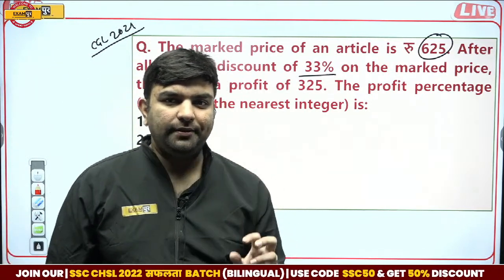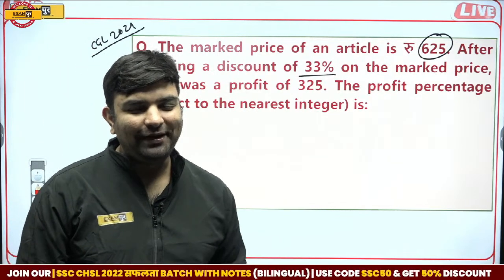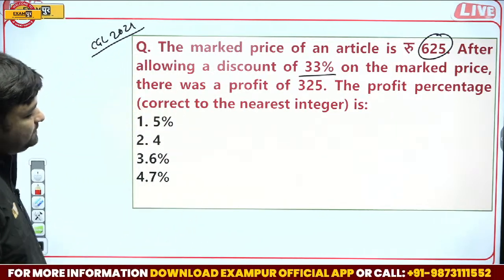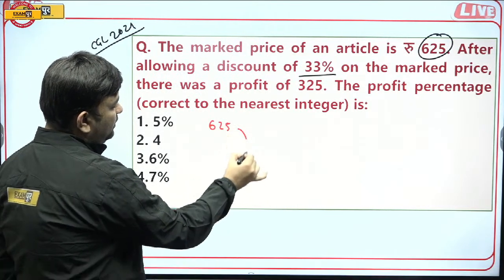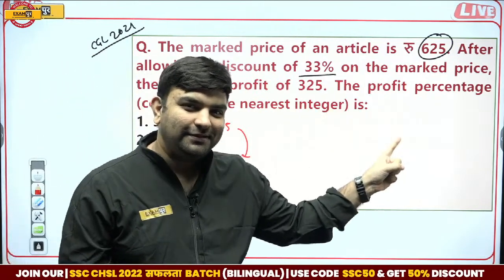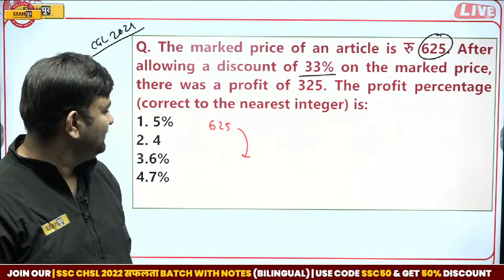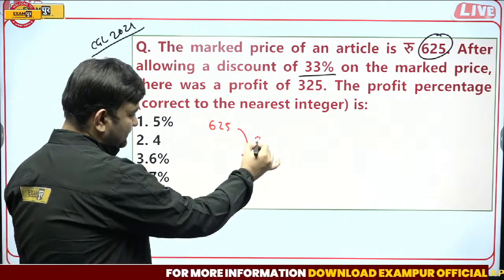However, some innovation is there. MP 625. Can it be 33.33? What do you say? Let's take it 33 only.